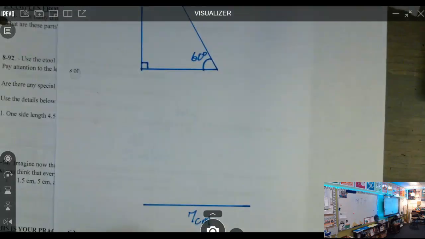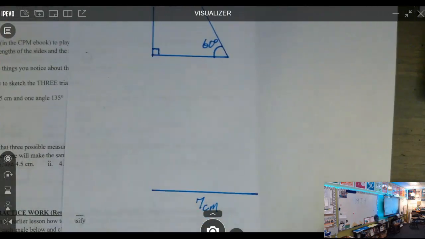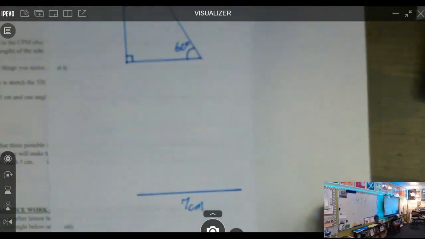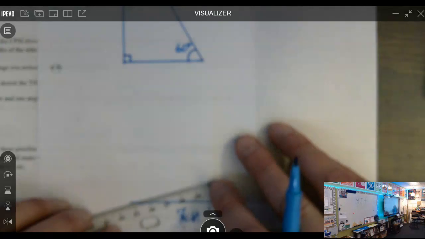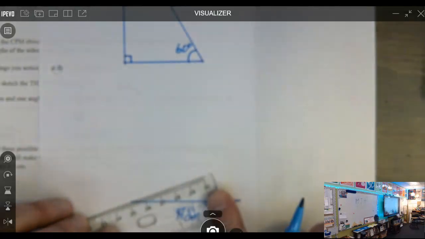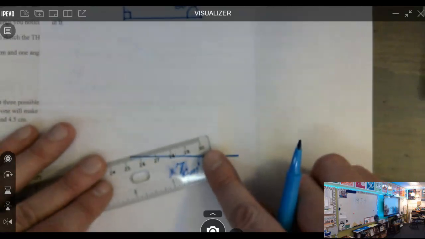Would the all similar thing be the same for number 1 too? Nope. Number 1, they were all different. Infinitely many possibilities. So 7 centimeters. I'm just going to go 4.5 in from my 30. So 30 minus 4.5 is 25 and a half.